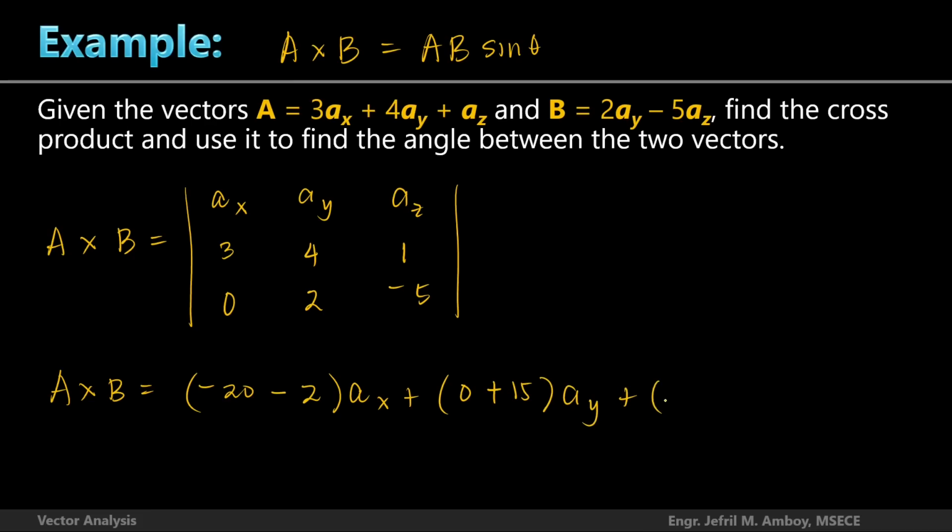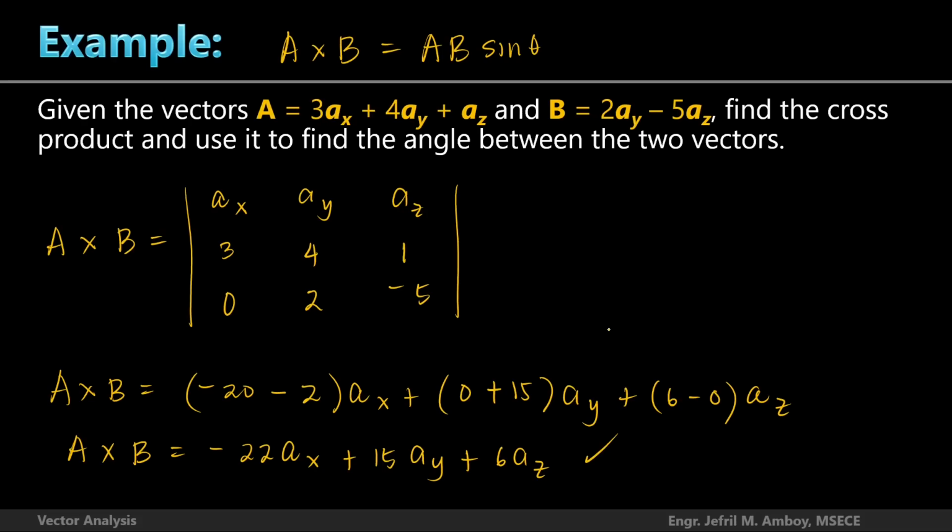And then for az, we cover the third column, down minus up, 6 minus 0, and multiply it by az. So we can simplify this to get the cross product A cross B.